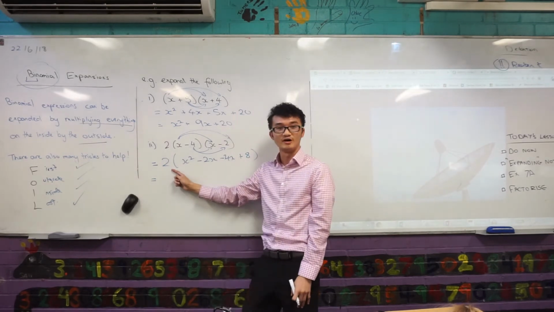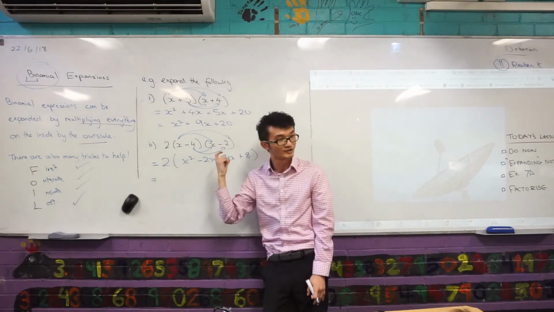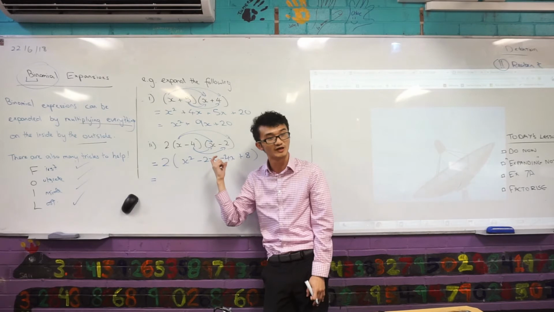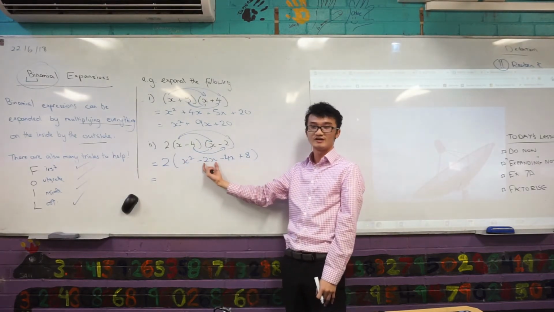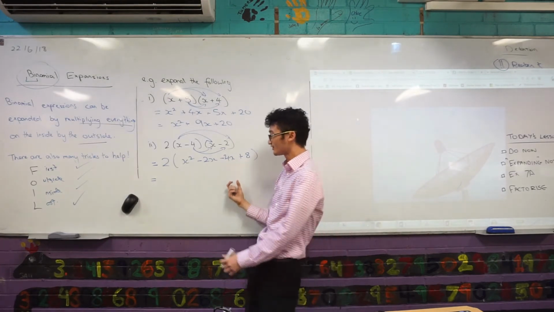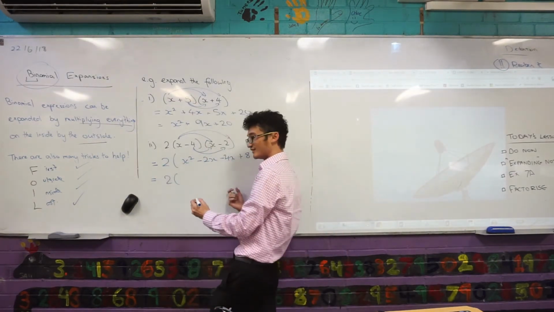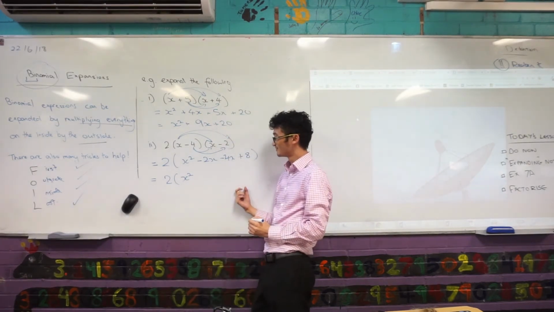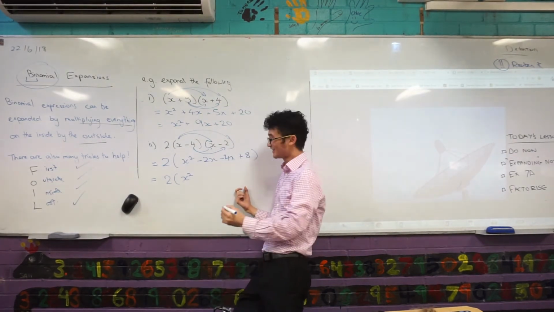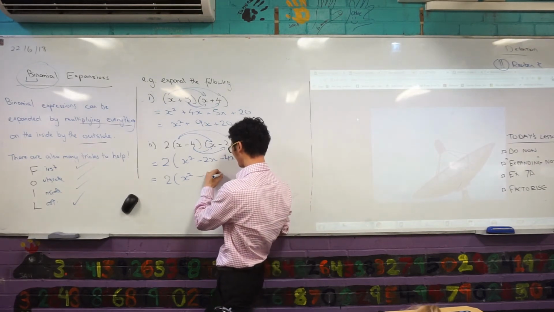That 2 there, just remember, that 2 means I'm multiplying this whole expression here. Before I do that though, I'm just going to simplify these like terms here. Minus 2x minus 4x. What's that going to be? Minus 6x, good. Plus 8.